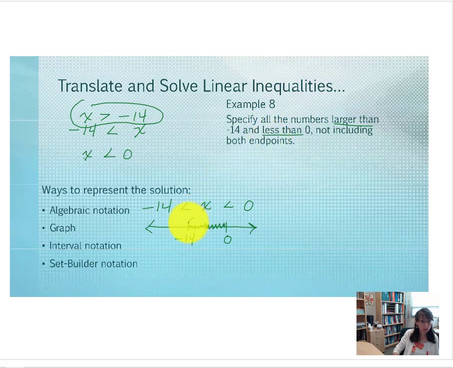That means parentheses used on both ends of the shading. So the interval notation will be from -14 to 0, but not including either endpoint. Our set notation for our variable x is the set of x such that -14 is less than x is less than 0.